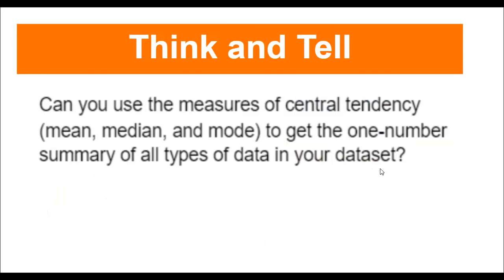Actually, no. When we are talking about the mean and median, only if we have numerical data can we find the mean and median. But mode we can use for both kinds of data, either numerical or categorical, right, everybody? So give a thought on it: what is the difference between mean, median, and mode, and why or when can we use these central tendencies?